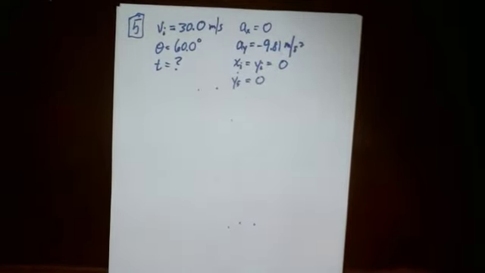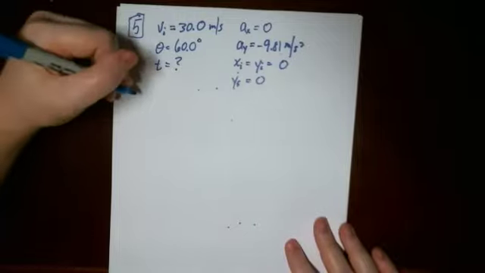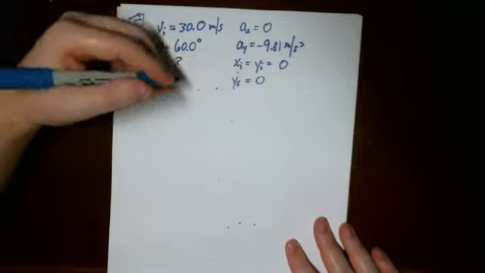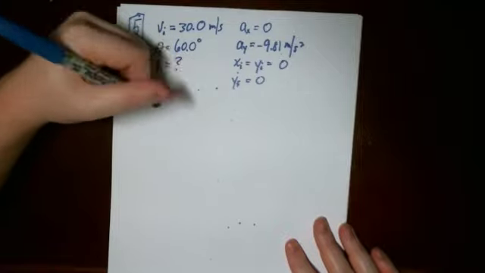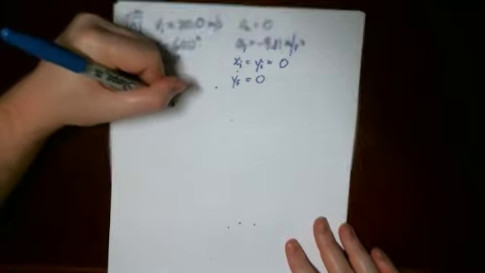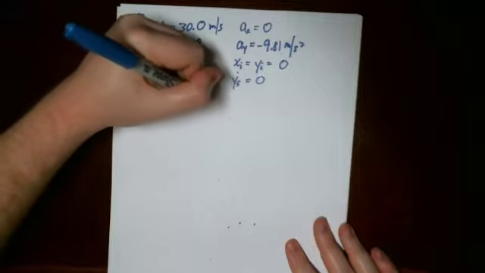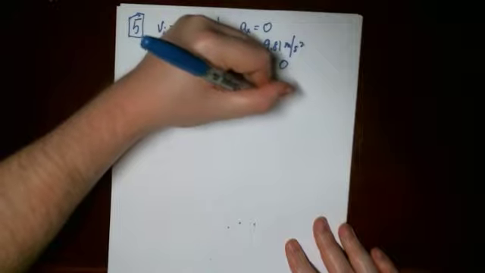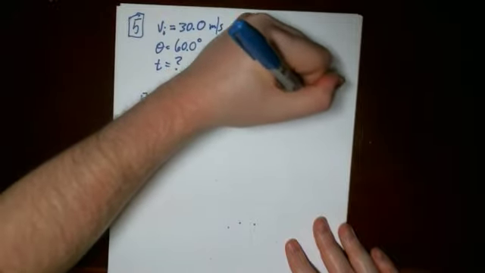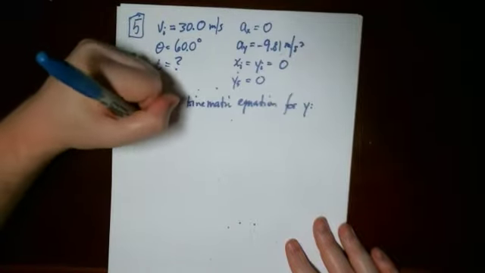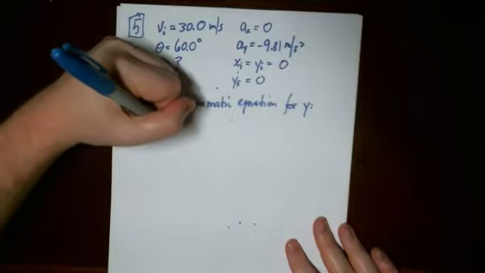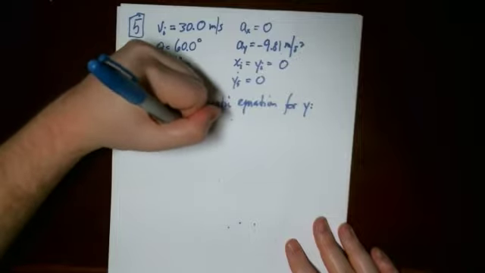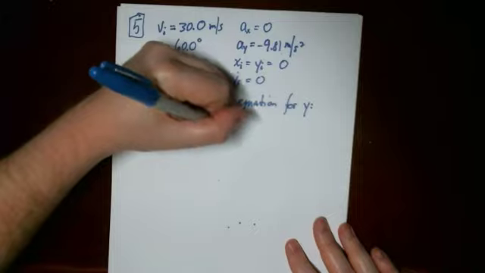So what do we need to find to figure out how long it's in the air? Let's write down our position kinematic equation for y, for its vertical position. We know yf equals yi plus vyi t plus 1/2 at squared.